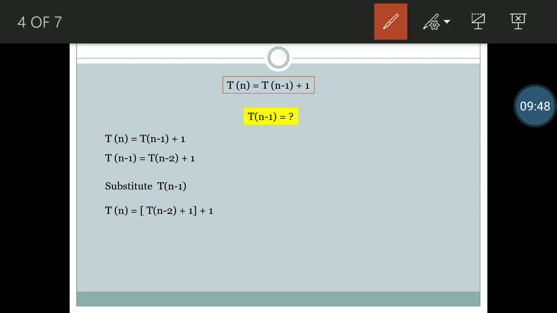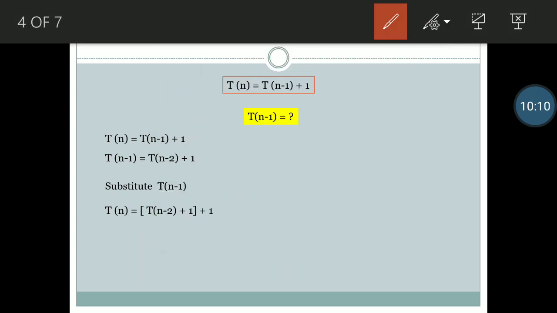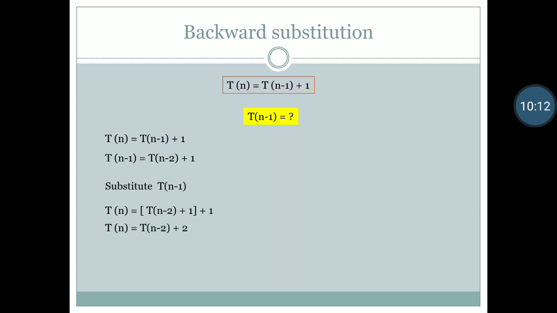We have substituted the value of Tn minus 1 in place of Tn minus 1 in the equation. So Tn is equal to Tn minus 2 plus 1 plus 1, which becomes Tn is equal to Tn minus 2 plus 2.